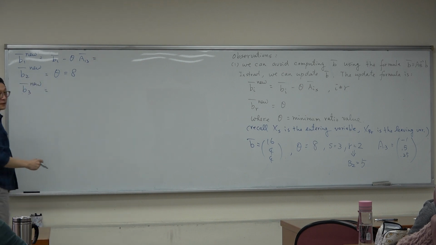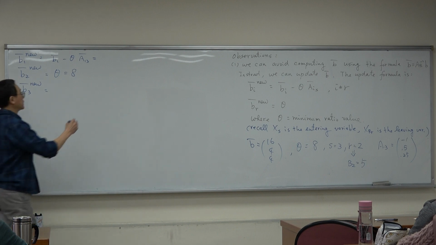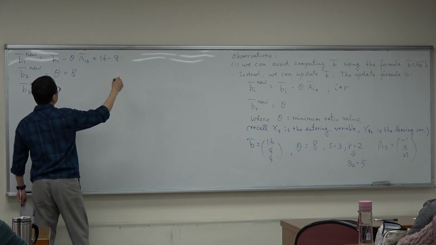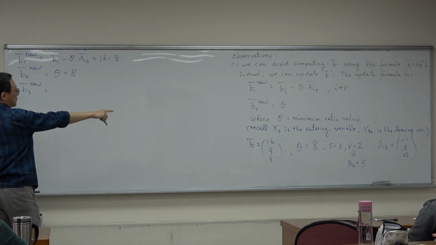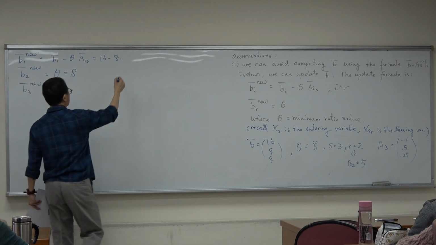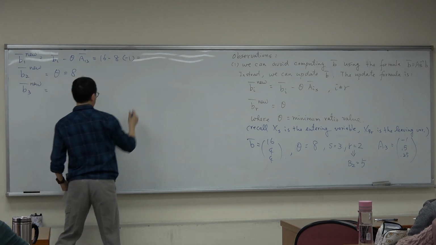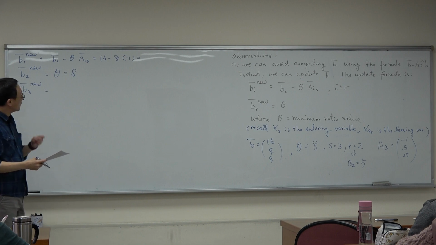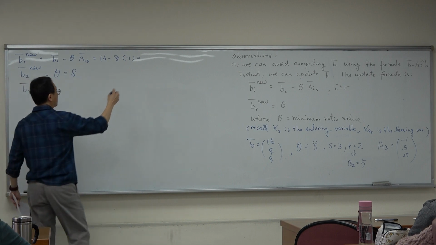So B1 bar is 16. Theta is 8. And the A13 bar is minus 1. So that is 24.